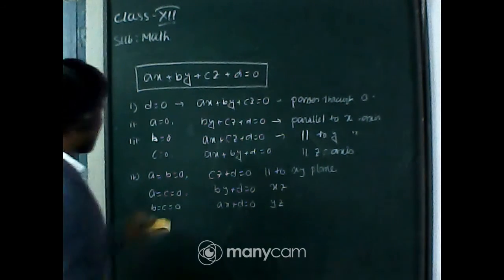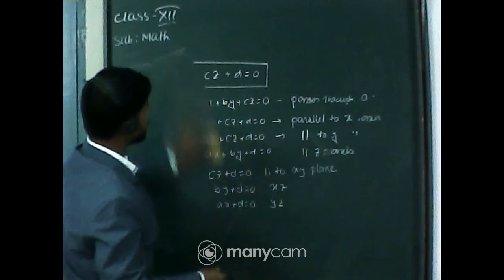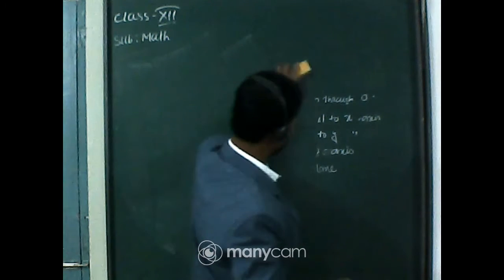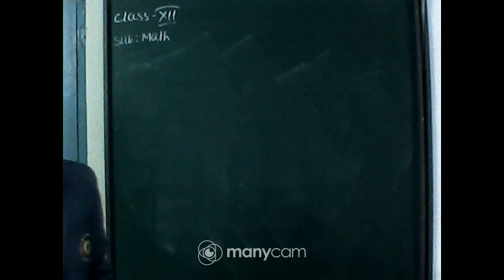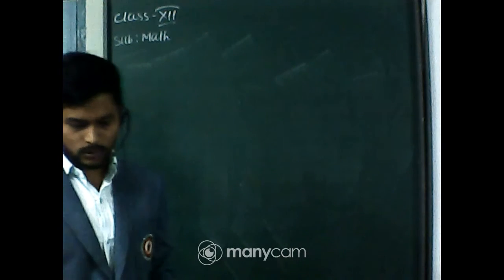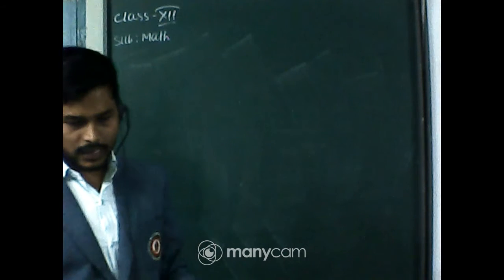Now come to the next point: how to find the equation of the plane passing through a point when a vector perpendicular to the plane is given, meaning the equation of the plane perpendicular to a given line and passing through a given point.